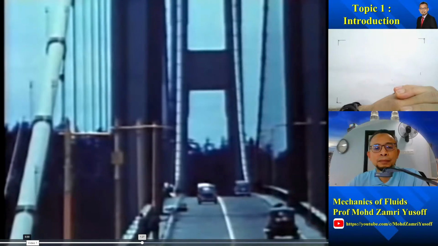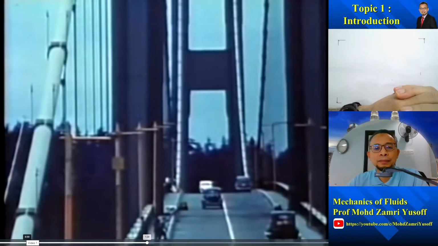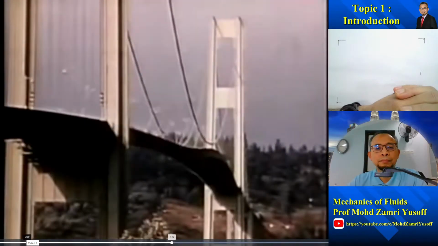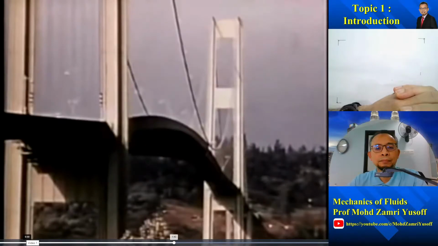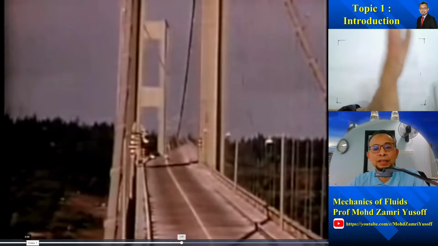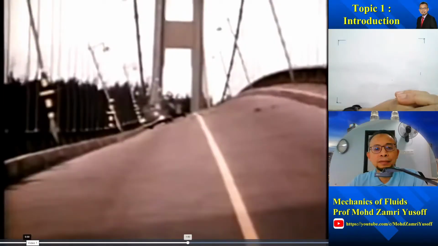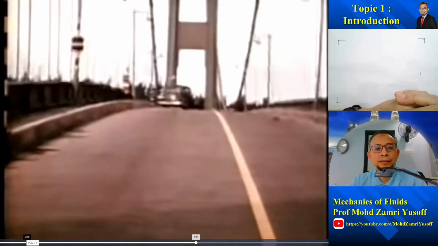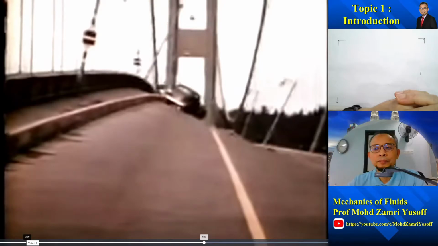On November 7th, 1940, the winds were relatively moderate, about 40 miles per hour. A new mode appeared. Rather than ripple, the bridge began to twist. A wind of 40 miles per hour is not too strong, but it was strong enough to start the bridge twisting violently. And at 11 a.m., it fell.